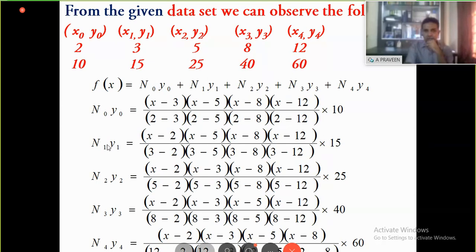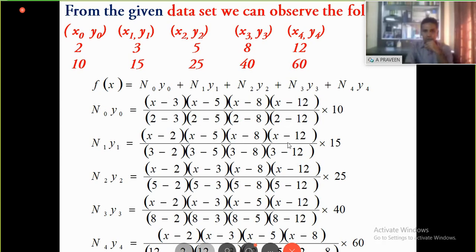Now, if you come to the second term, n1, y1. You don't have x minus x1. You go for x minus x2, because in the n1 term, x minus x2, x minus x3, x minus 12 come in.